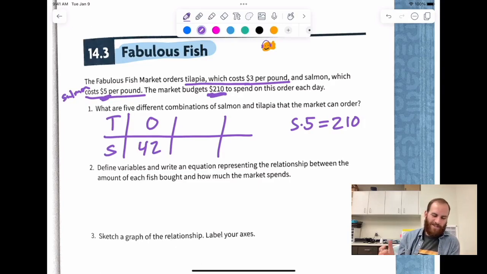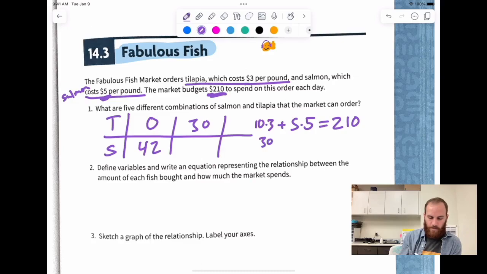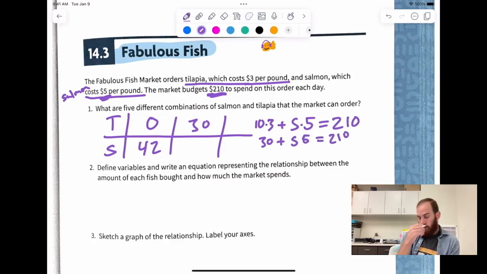Okay, let's try something a little harder. Okay, let's do 10 pounds of tilapia. 10 pounds of tilapia would cost me $30, right? Because 10 times 3 is 30, right? And now we've got our salmon times 5 needs to equal 210. So I could solve this.